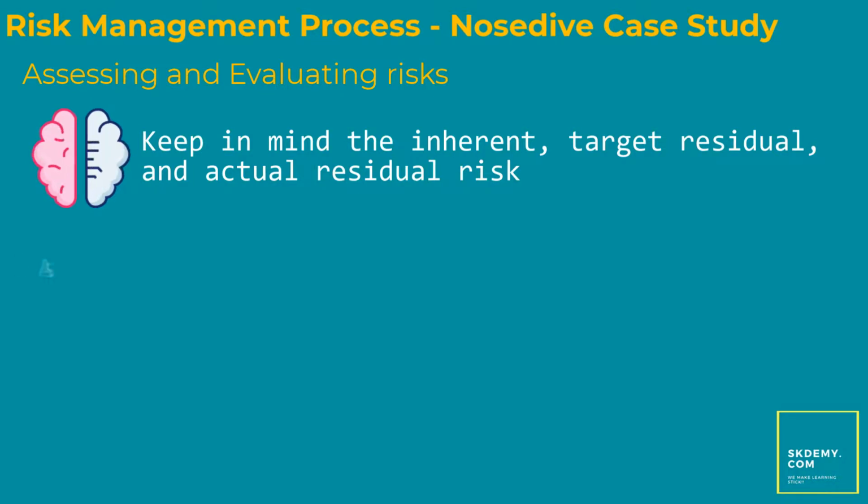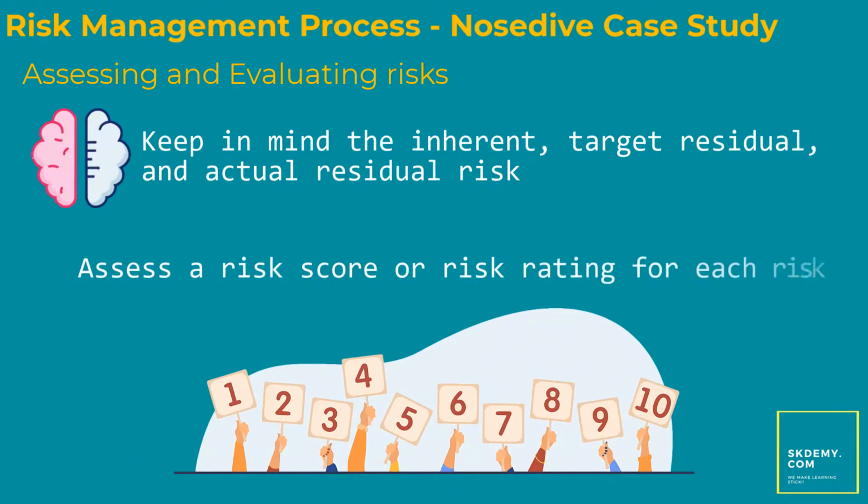You should ideally assess a risk score or risk rating for each risk that is inherent, target residual, and actual residual, because that will tell you how adequate the existing controls are in preventing and mitigating the risk, as well as what you need to do in addition to existing controls in terms of responding to that risk.